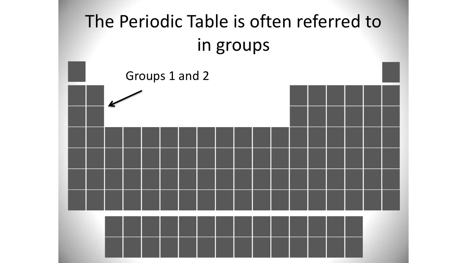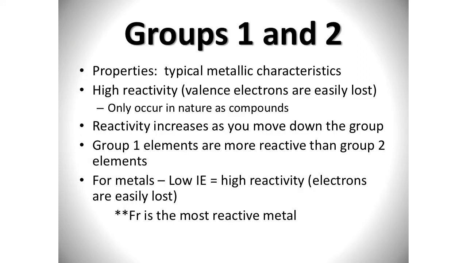All right, so we've already been talking about our groups. So group 1, group 2, and so on. We are going to be focusing on groups 1 and 2 at the moment. Those are going to be metals.